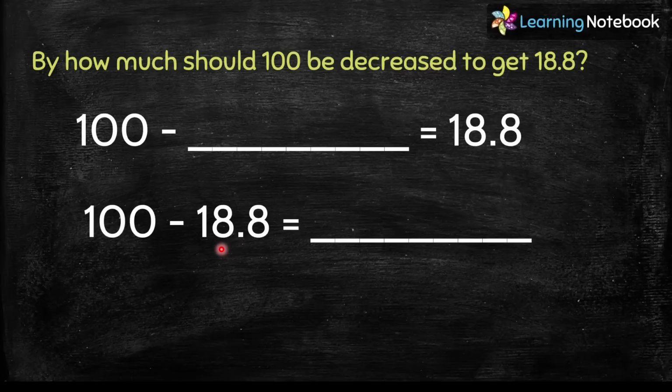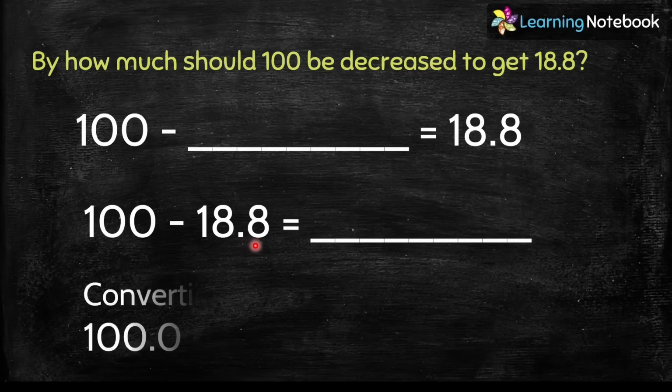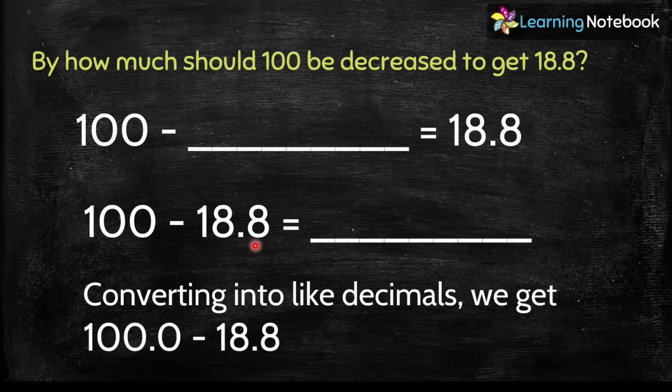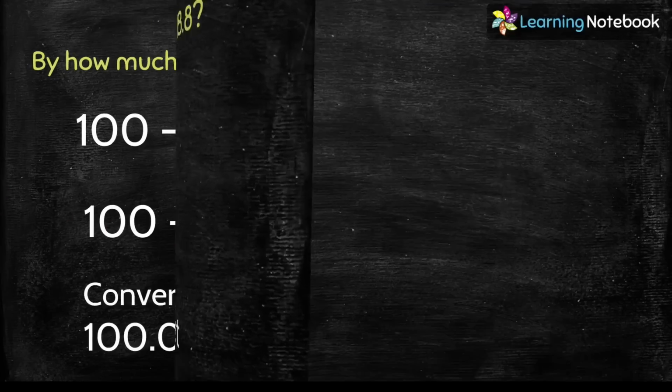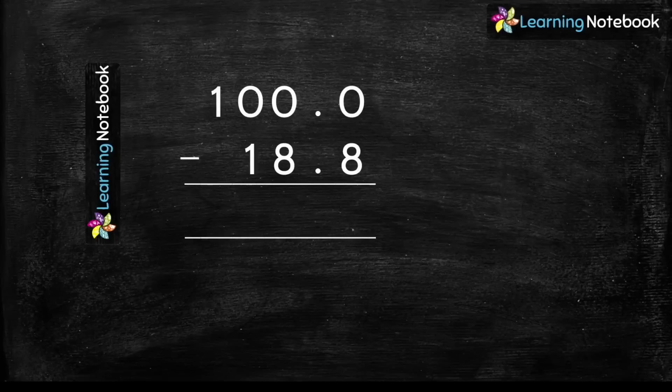So to subtract these two decimal numbers, let's convert them into like decimals having one decimal place. Now let's write them in columns and start subtracting them. First, let's subtract the decimal part. But 0 is weaker than 8. So 0 borrows from 1. So 1 becomes 0 and we keep on borrowing and finally 0 becomes 10.